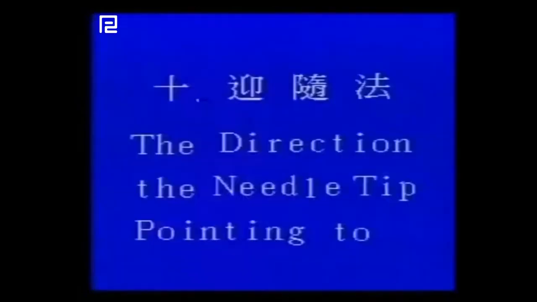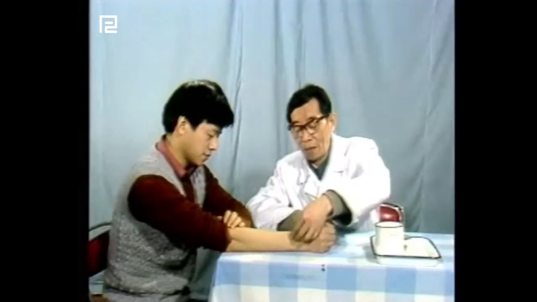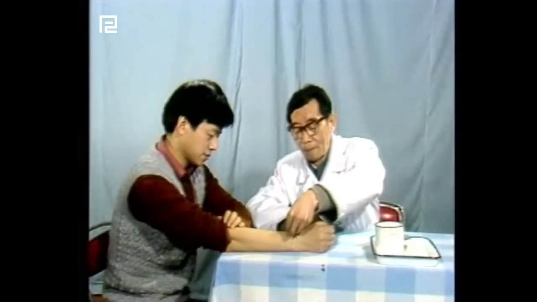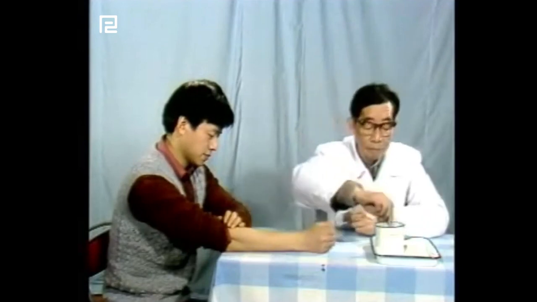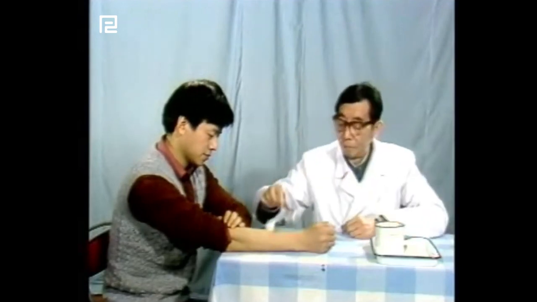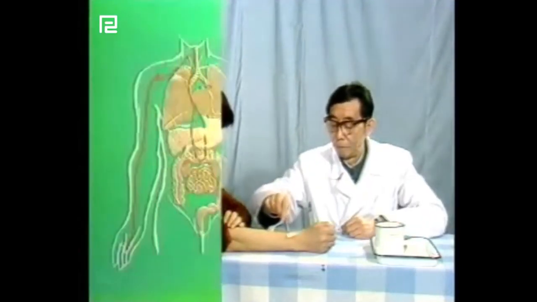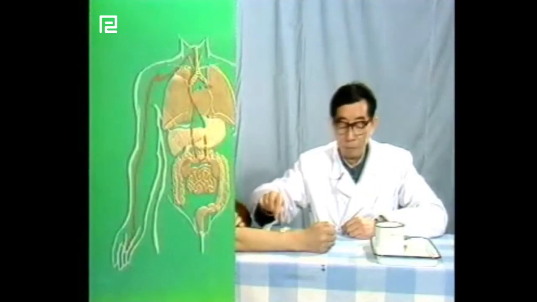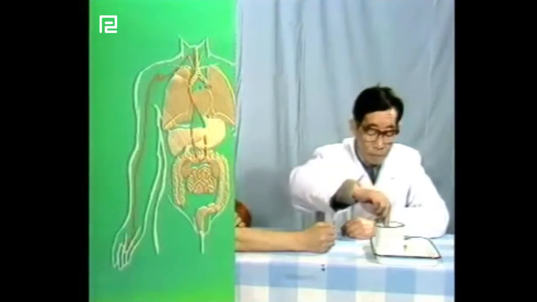Number 10. Meeting and following. This method directs the needle tip either along or against the course of the meridian. Directing the needle tip along the course of the meridian functions to promote the circulation of the meridian qi and is reinforcing.